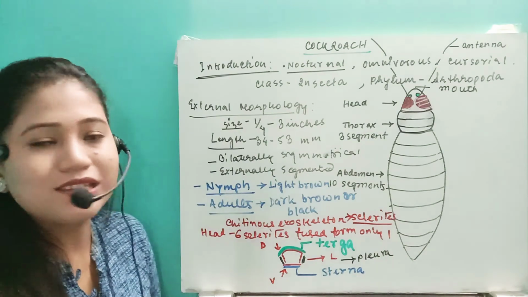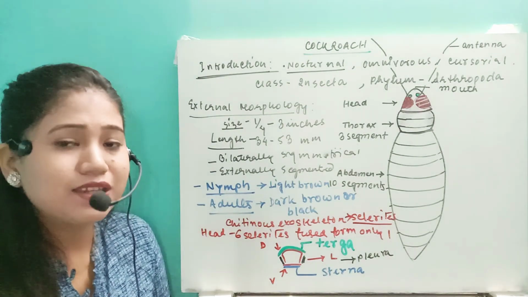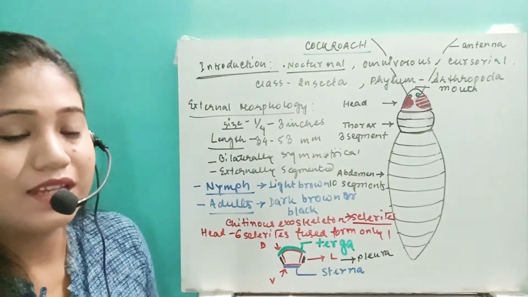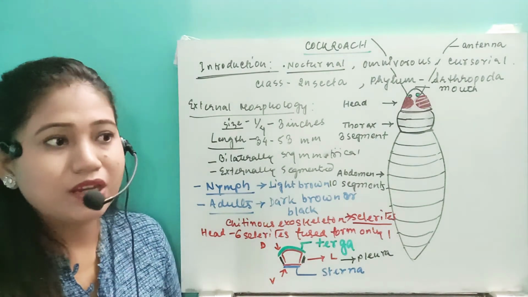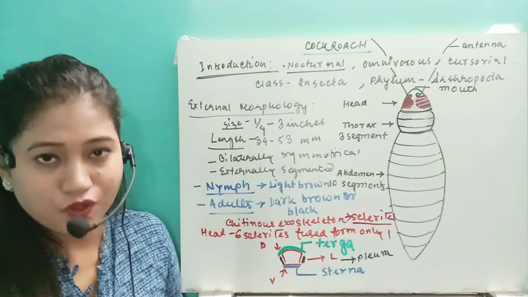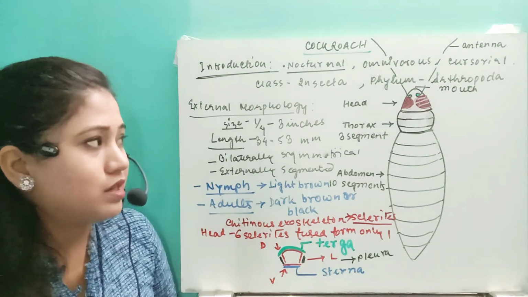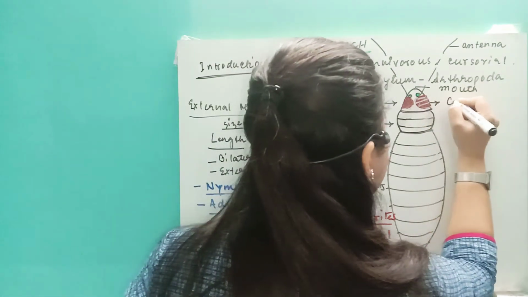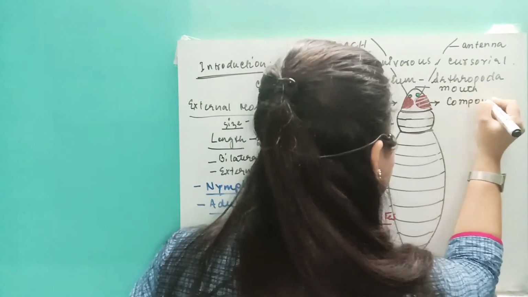So what are those lenses called? Those lenses are known as ommatidia. Each lens can take the image separately and they have a mosaic vision. Okay, so this is known as the compound eye, remember that. Why is it known as the compound eye?